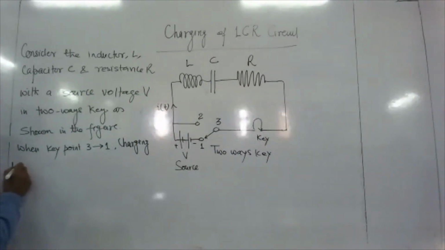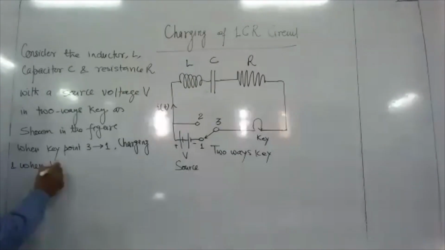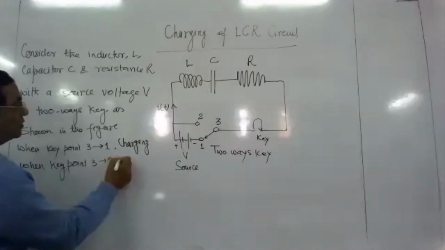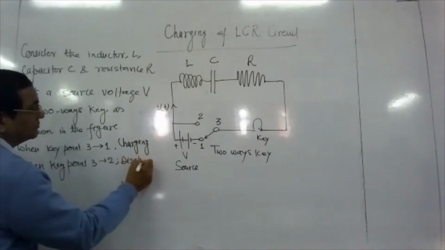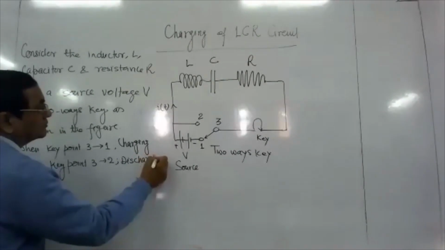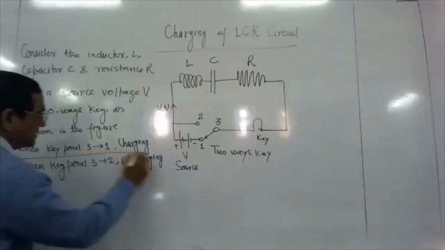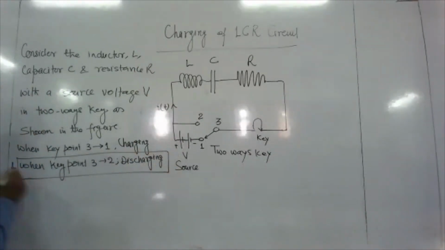And when key point 3 is connected to 2, then this is discharging. This discharging case has been discussed earlier.